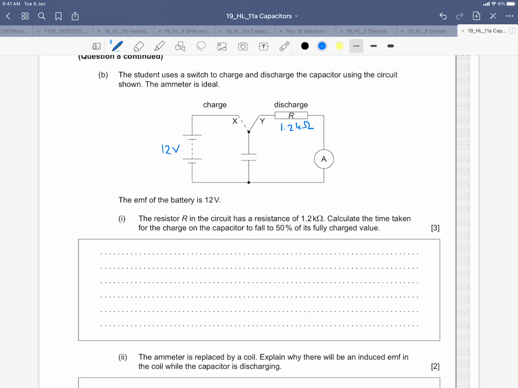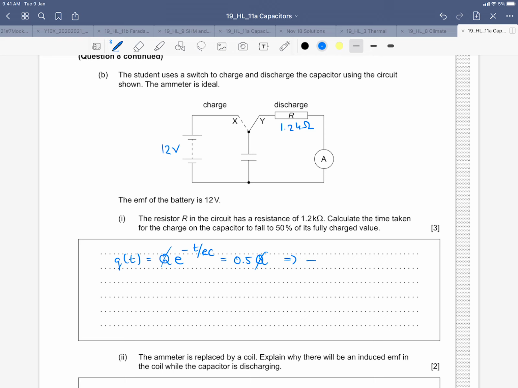Okay, well, we know that charge drops exponentially like voltage, so we can write down that if you want. Charge is the initial charge, which we sometimes call capital Q, e to the minus t over the time constant RC. If we want the charge to be half of the initial charge, so I want Q of t to be half big Q. So I basically have this equation where I just need to solve for t, and we can do that relatively easily.